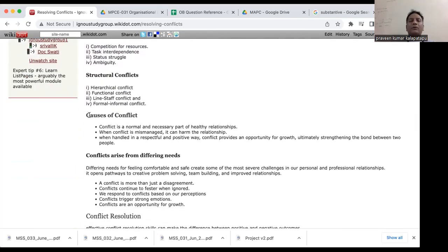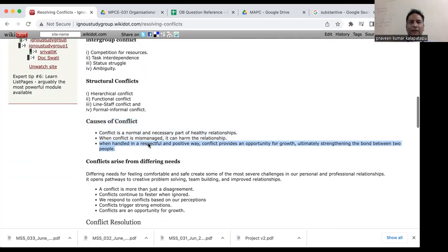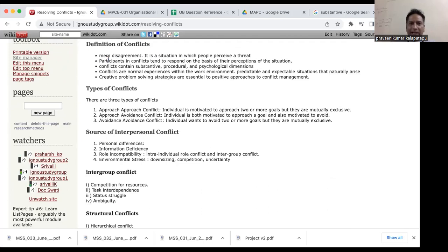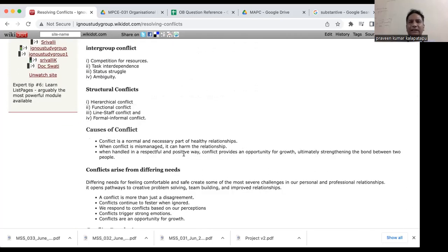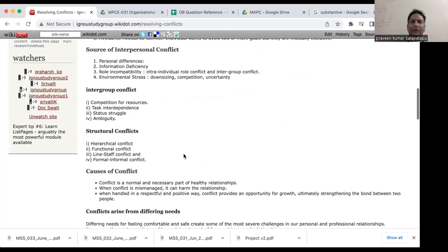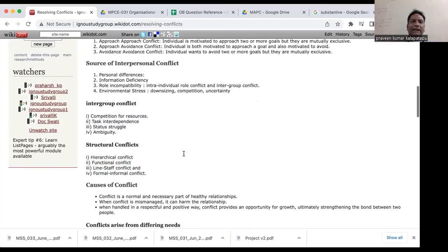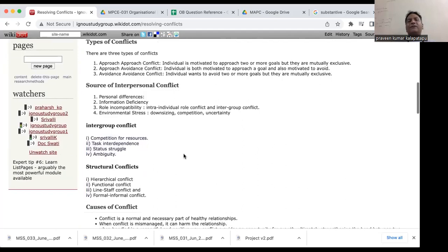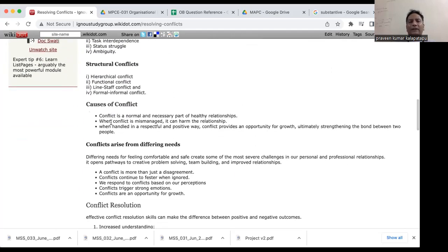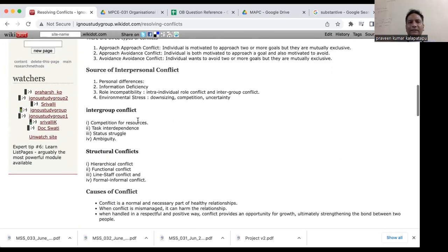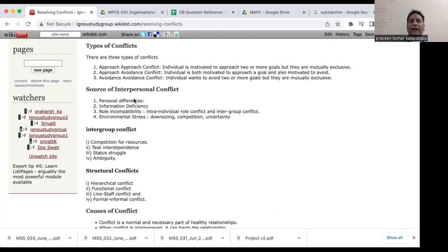So now coming to causes of conflict, why conflict is going to be there. To some extent it is a little bit of a repetition of the definition, of what the conflict management unit already has. What are the sources, I mean, what causes conflict? There is some kind of an inconsistency or rather repetition here.